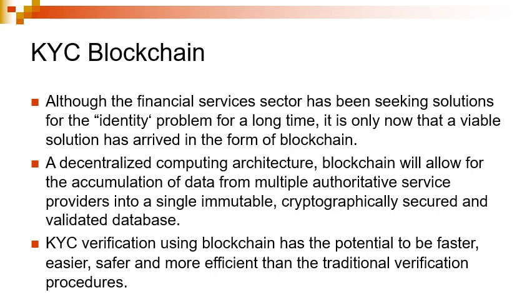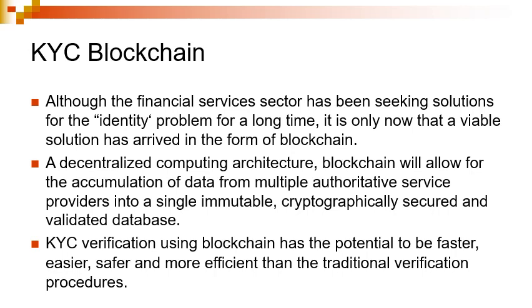So although the financial services sector has been seeking solutions for the identity problem for a long time, it is only now that a viable solution has arrived in the form of blockchain. So financial institutions have been looking for alternate solutions for the identity problem for a long time, and the solution has arrived in the form of blockchain. Blockchain is a decentralized computing architecture.